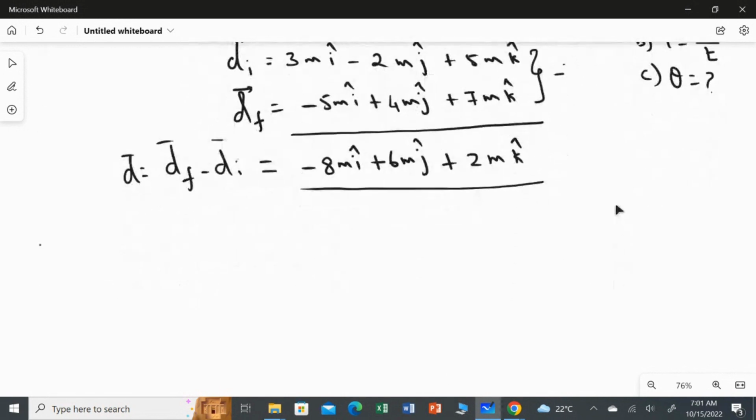Now I'm going to use the formula for the work done. As we already know, W is equal to F dot D. So what is our F vector?